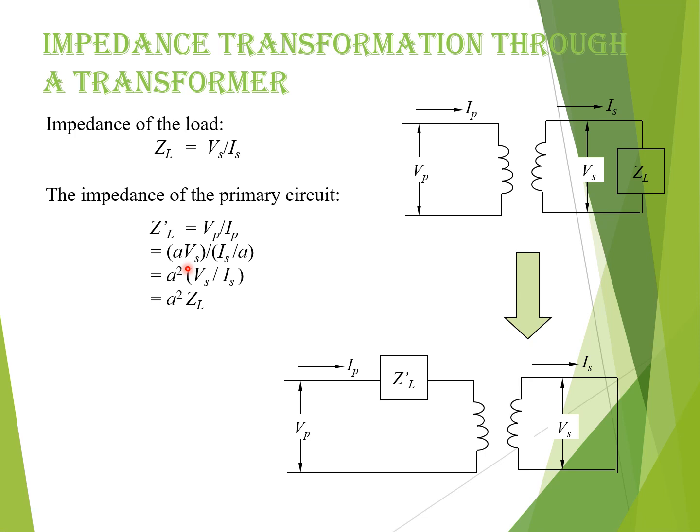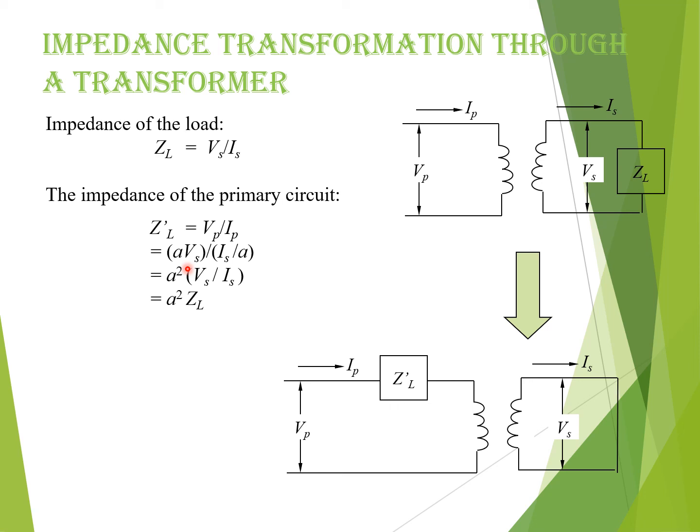Vp can be written as A into Vs, since in the derivation we had seen Vp is equal to A into Vs, and Ip is equal to Is by A. These two things are taken from the relationship between number of turns, current and voltage, and we have substituted them over here.